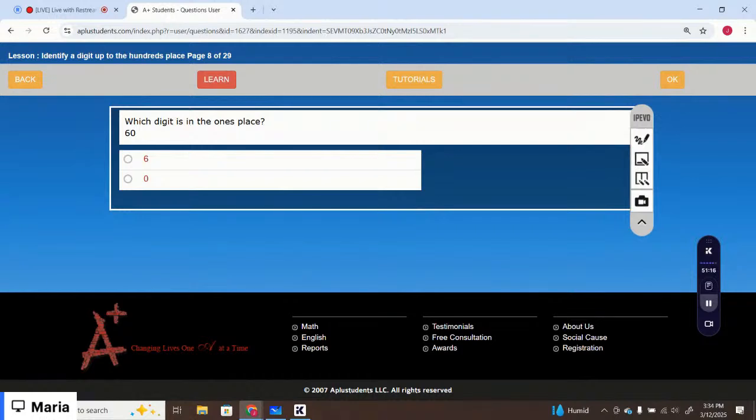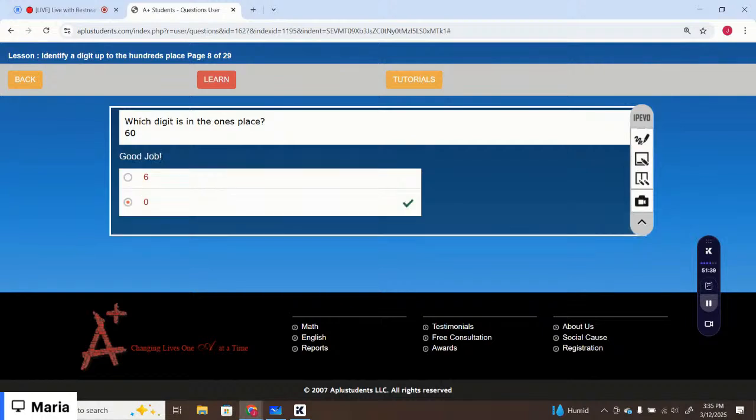Which digit is in the ones place? Zero is at the ones place. The correct option is zero. Option two is the correct option.